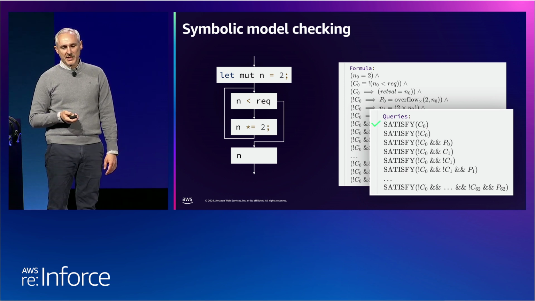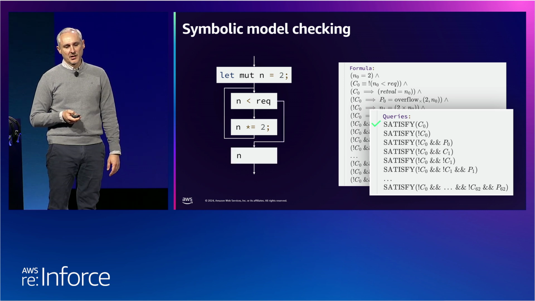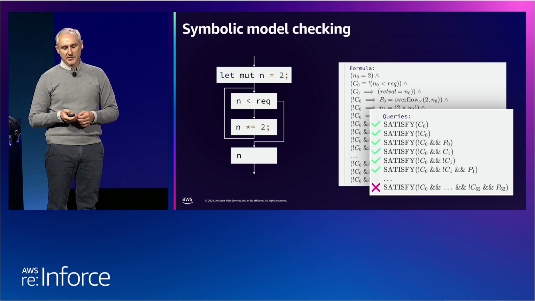So is it possible to satisfy C0, which means exiting the loop at this first iteration? The answer is yes, it's satisfiable, so I can exit the loop. The second question is, can I step into the loop? If I step into the loop, can I satisfy the overflow condition or not? The answer is yes, every time. I can step, and I end up at iteration number 62.